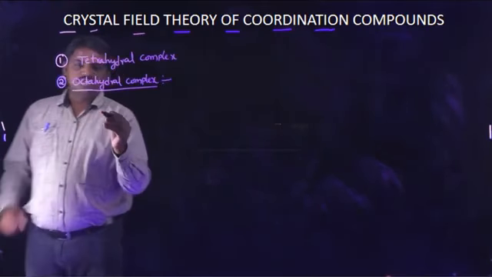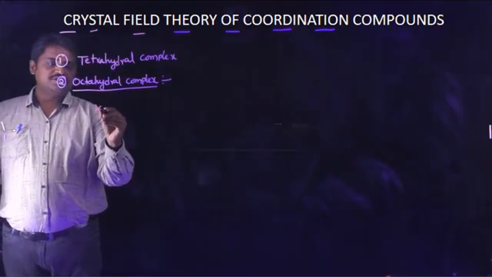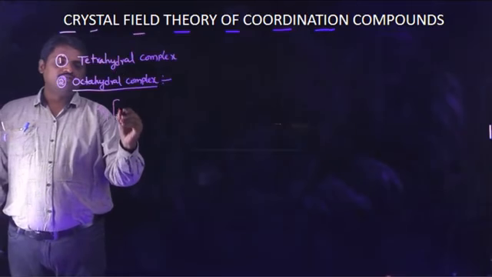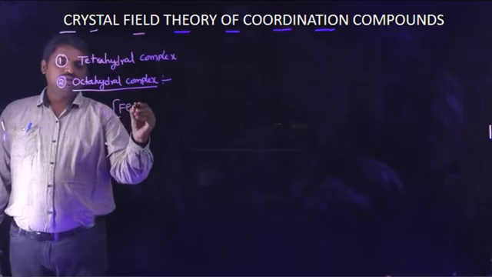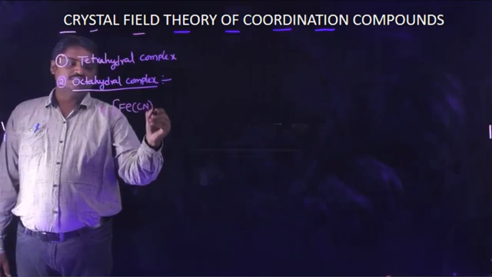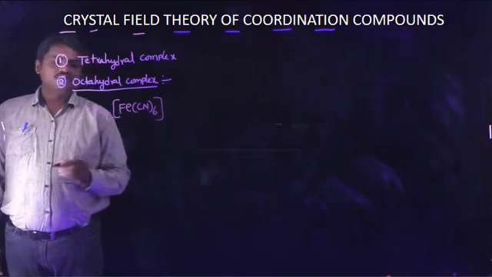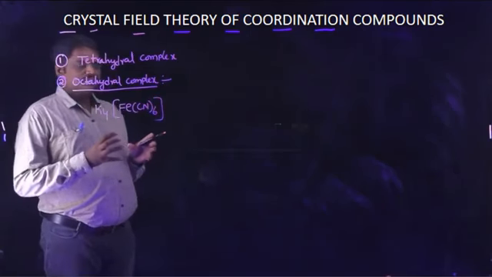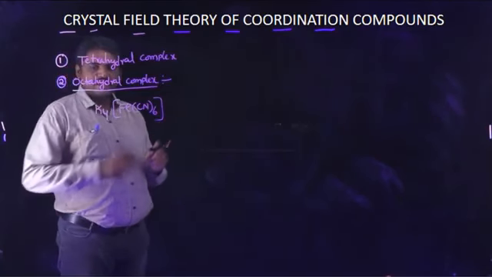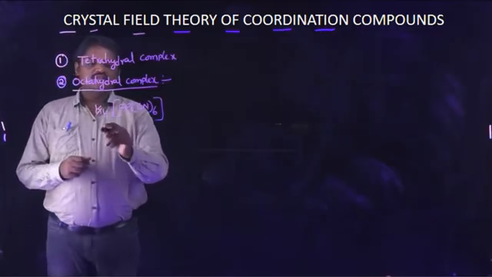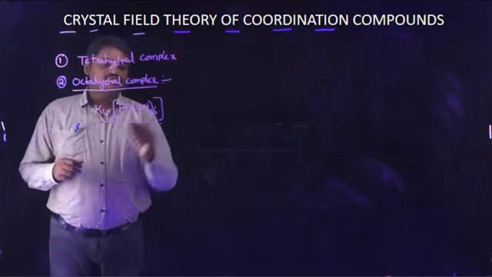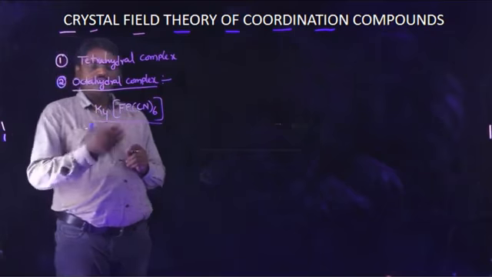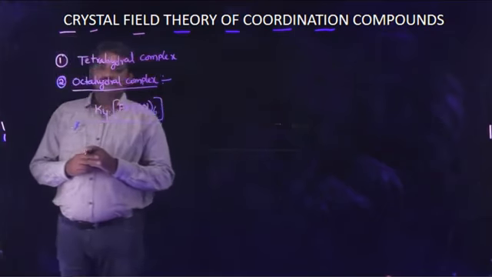For example, one of the octahedral complexes is K4[Fe(CN)6]. The iron is coordinated with 6 cyanide ligands. This is potassium hexacyanoferrate(II), the IUPAC name of this coordination compound.